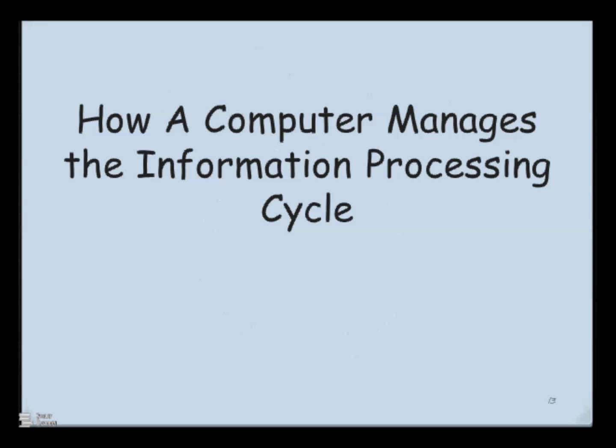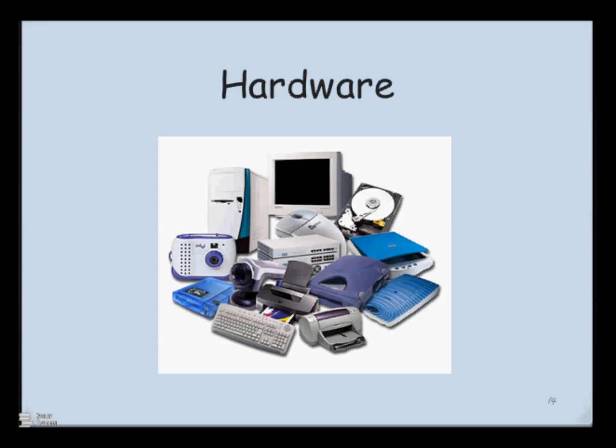So now this is how a computer manages that information processing cycle. This is hardware. Hardware is anything, including the computer, that attaches to the computer, is used with the computer. It's an input device, an output device, a processing device.